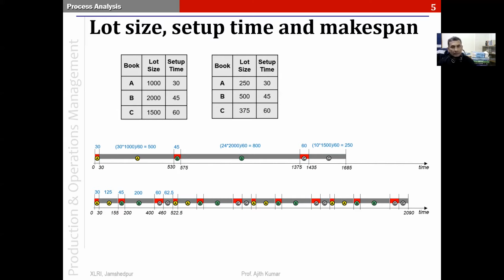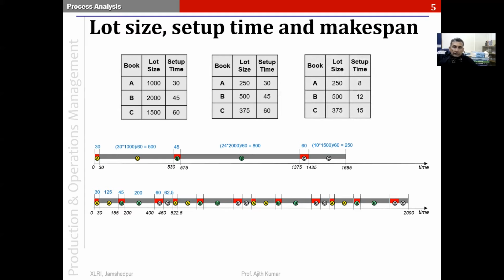Now let's ask another question. What if we are able to reduce the setup time as well? Suppose the setup time also was brought down like this. So here in this third scenario, you'll see that the setup time for A has gone down from 30 to 8 minutes, for B from 45 to 12 minutes, and for C from 60 to 15 minutes. What would the timeline now look like?